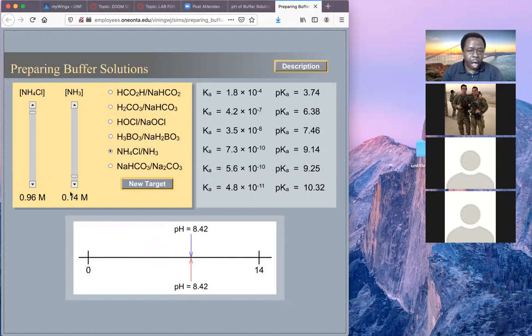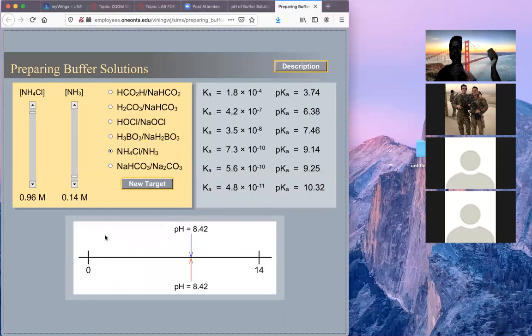It tells me the concentration of what? The concentration of my acid and its conjugate base. This is the acid, this is the base. With that, you will fill in the data sheet.